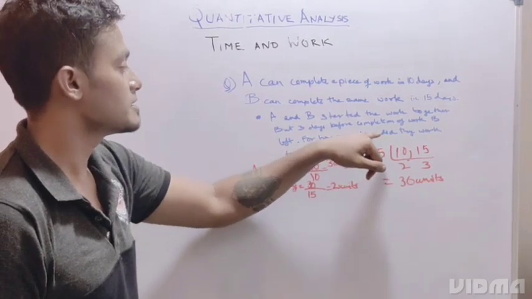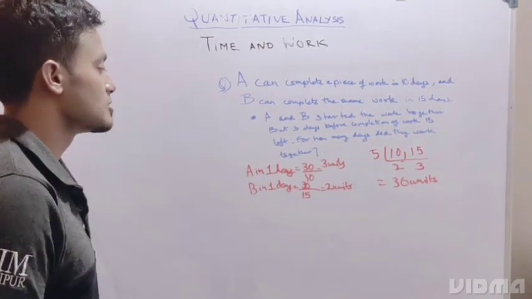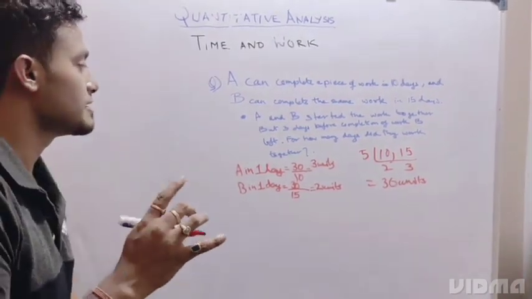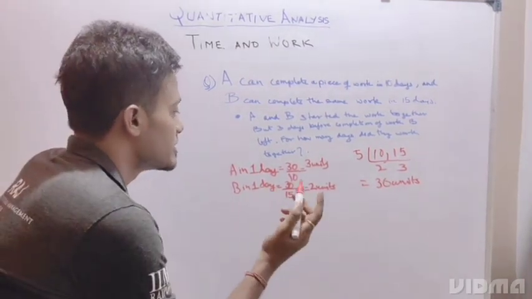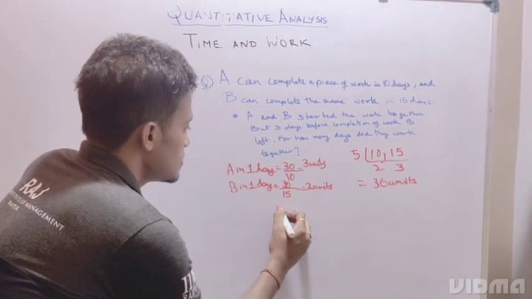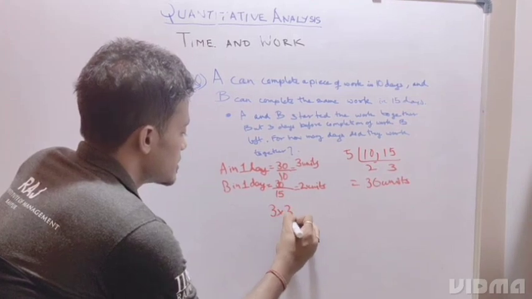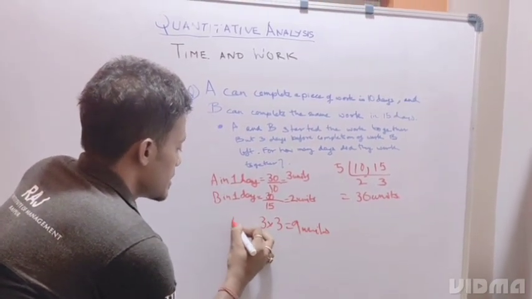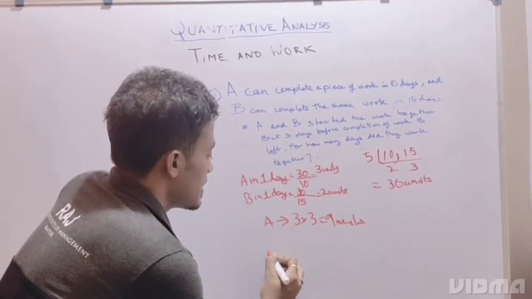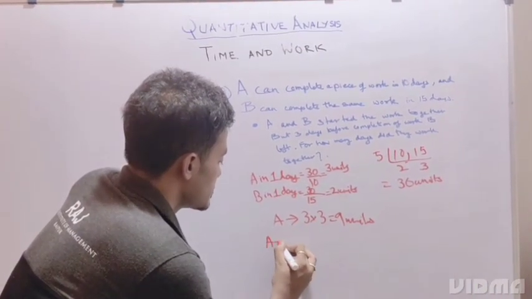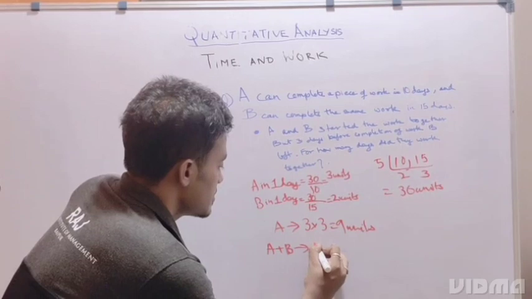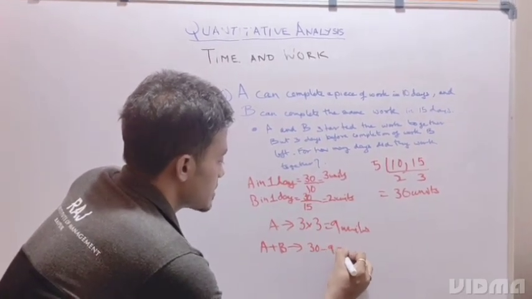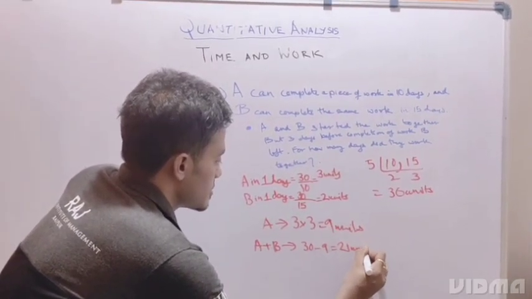For how many days did they work together? So A has worked independently alone for 3 days at the end. So 3 units into 3 days, that is 9 units of work A has done at the end. So A plus B must have done 30 minus 9, that is 21 units.